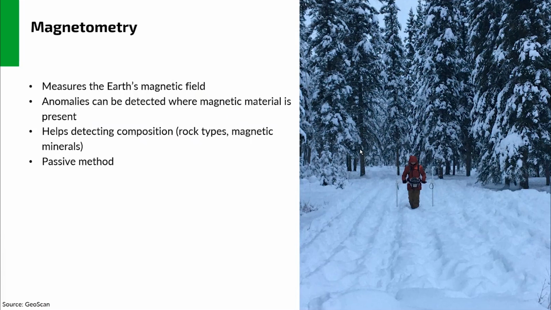Typically, we use a gradiometer, which is one type of magnetometry where you are collecting two readings at a certain distance from each other and use the differences between the two in order to plot a magnetometry map of an area.